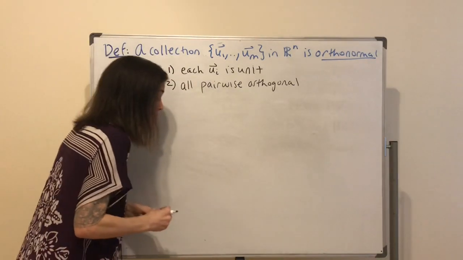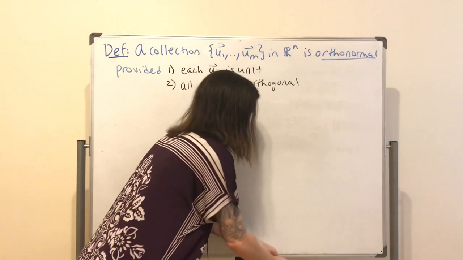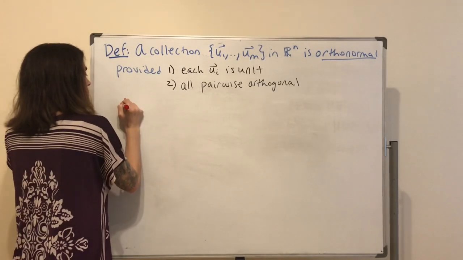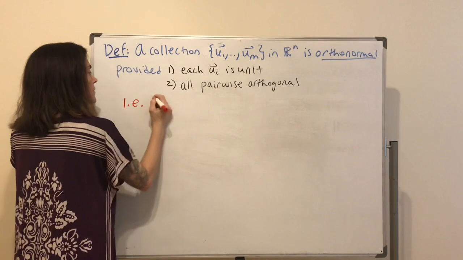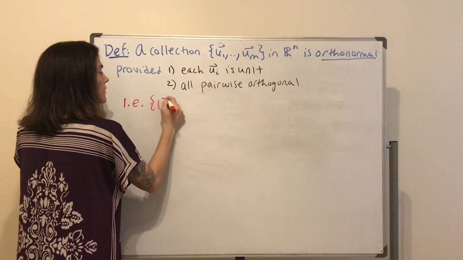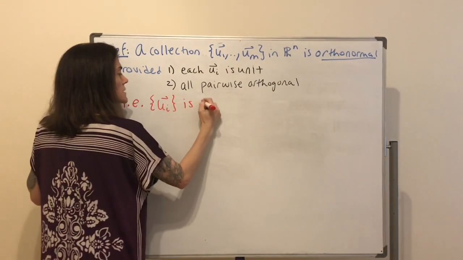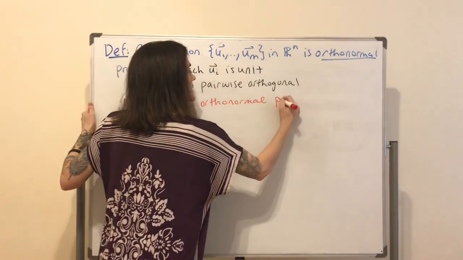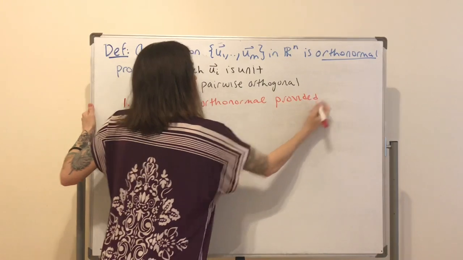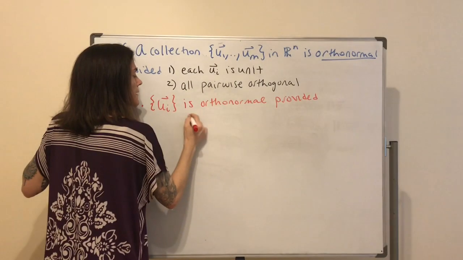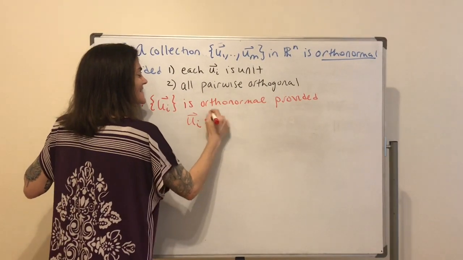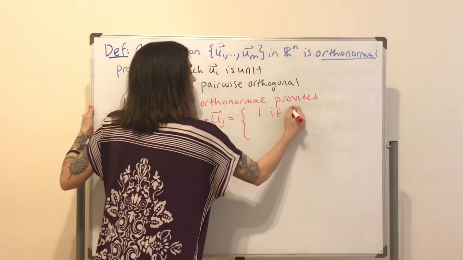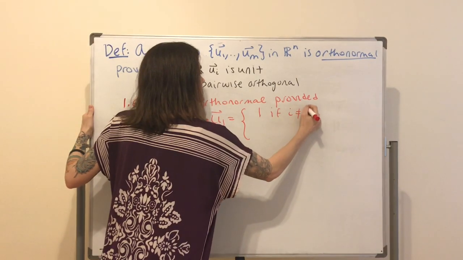So another way we could write this is entirely in terms of the dot product. In other words, this collection is orthonormal provided that if I take ui dotted with uj, I get one of two things. I get 1 if i equals j.